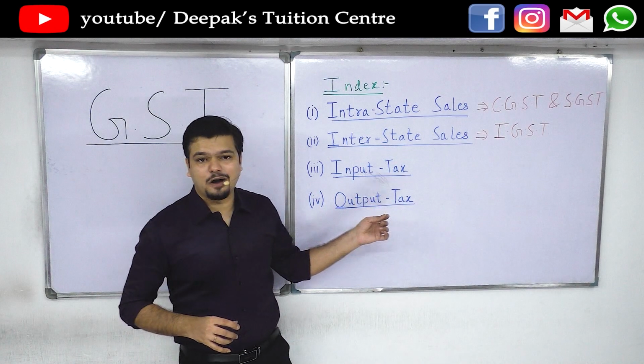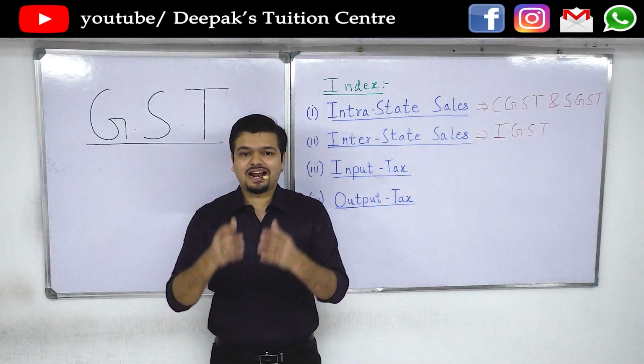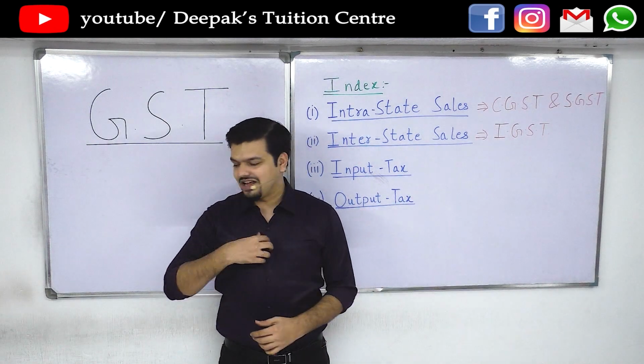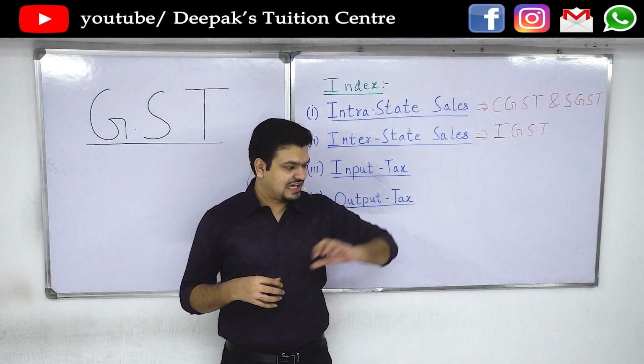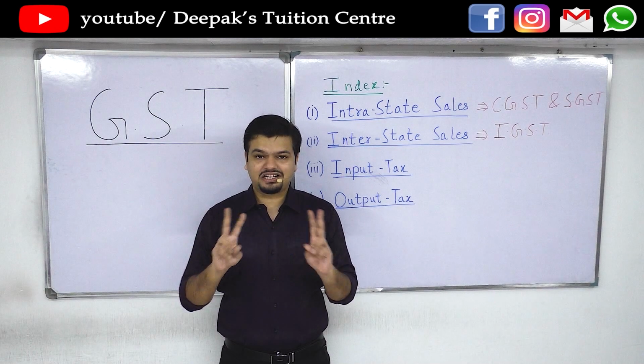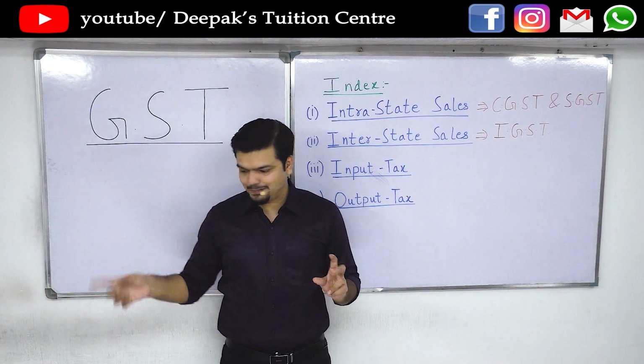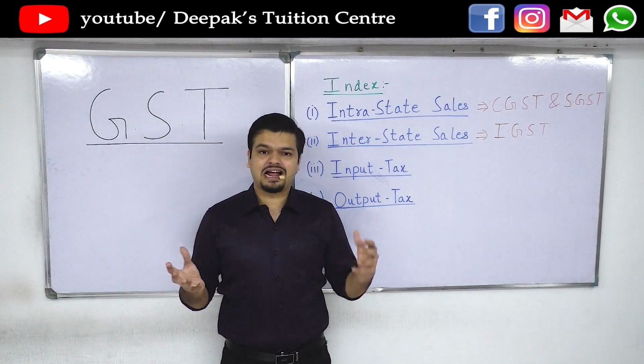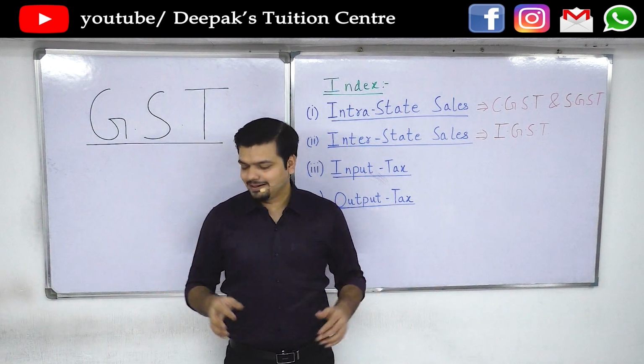Input tax versus output tax. Whenever a person is buying goods for resale, that is, buying goods to sell the product again, he is paying two types of taxes. One he is paying and another is collecting. So two types of taxes are involved. One is input and the other is output. Both are GST.